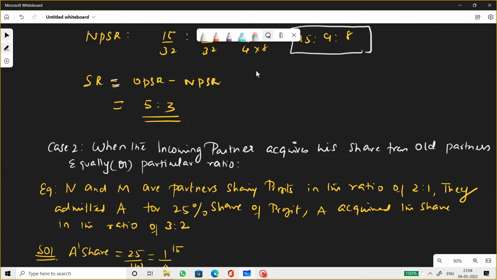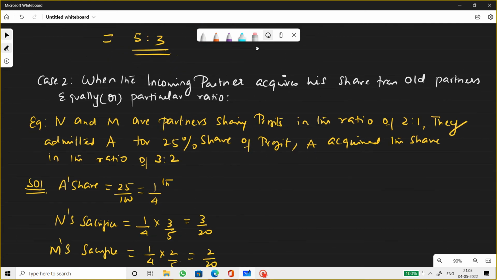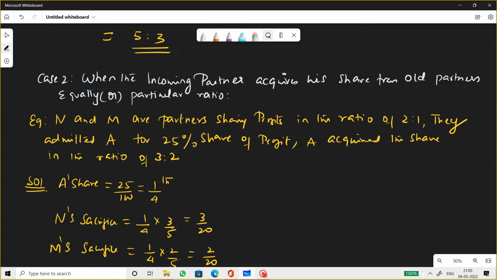Now case 2. When the incoming partner acquires a share from the old partners equally or in a particular ratio. So the new partner acquires the share from the old partners in a particular ratio.